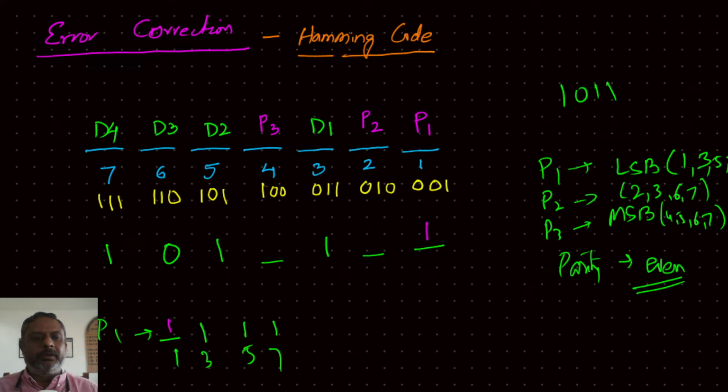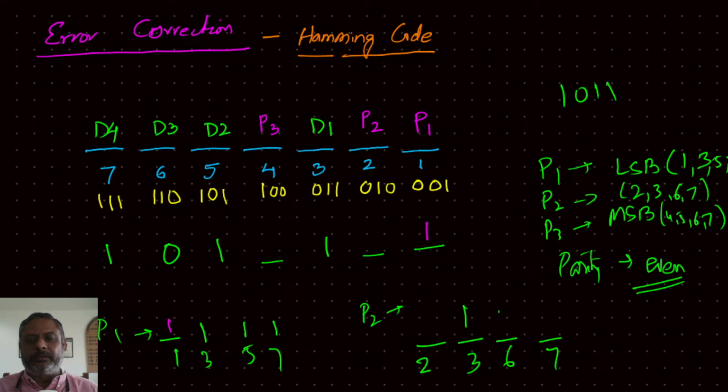Okay, now for P2. P2 is responsible for identifying the errors in 2, 3, 6 or 7. What is at 2? We still don't know. What is at 3? It is 1. What is at 6?